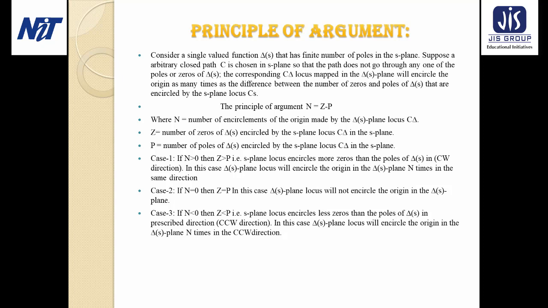So from this principle of argument, there will be three cases. So first consider case 1. If we consider that N, the number of encirclements of the origin, is greater than 0, then in this relation Z will be greater than P. That means the S plane locus encircles more zeros than the poles of delta S in the clockwise direction.